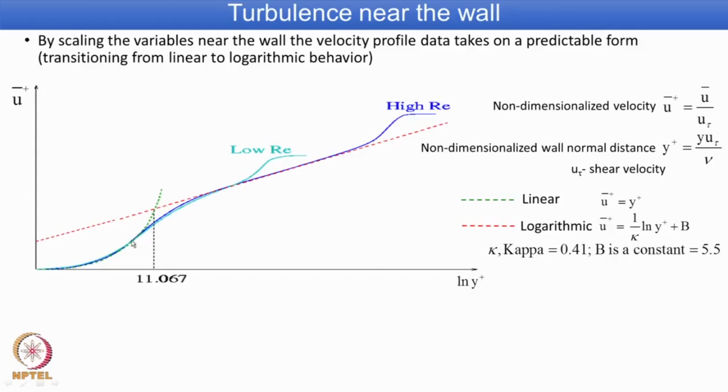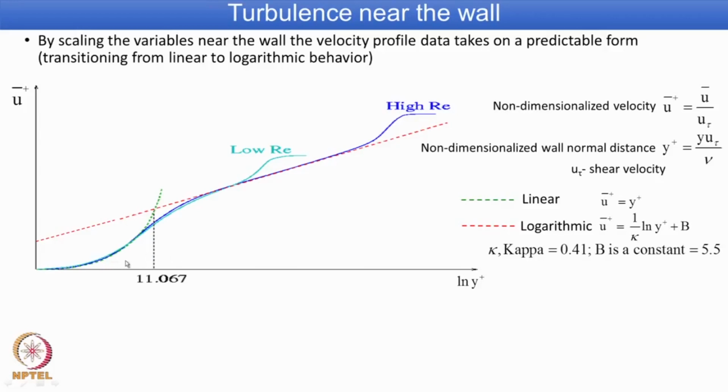Now, there is the linear region where the actual velocity profile coincides with the green color line. So, that is the linear region. The other region is the log region, that is somewhere here. In between you have a region that is known as the buffer region.